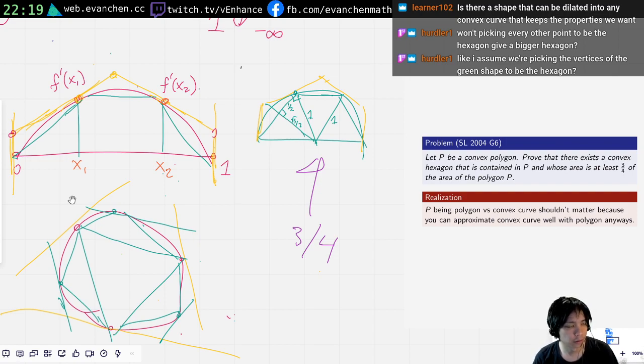We're picking the vertices of the green shape to be a hexagon. Yeah, yeah.